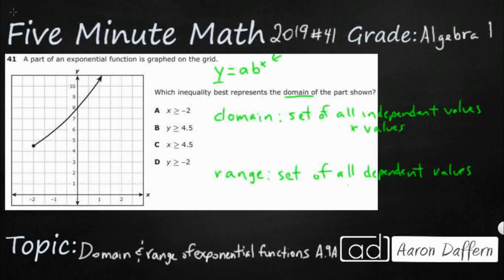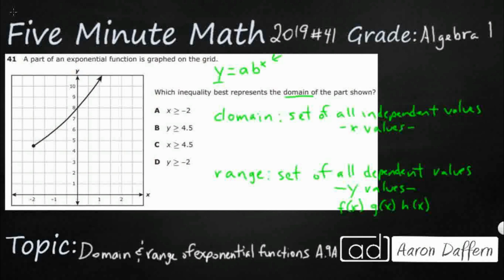So those are typically your y values, your dependent variable values. Now that's slightly different sometimes, because if it's a function, it might be f of x, g of x, or h of x, anything of x, just to show that it's a function. So the range sometimes is not simply the y, but the domain is always going to be your x values, and that's what we're looking for.